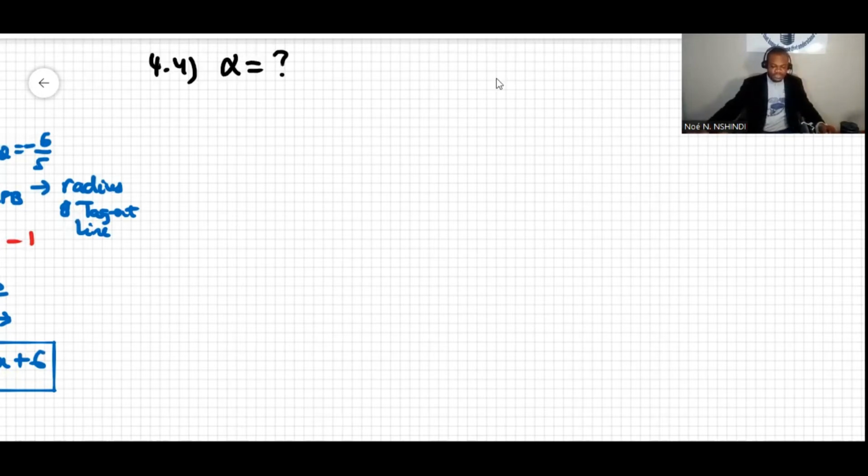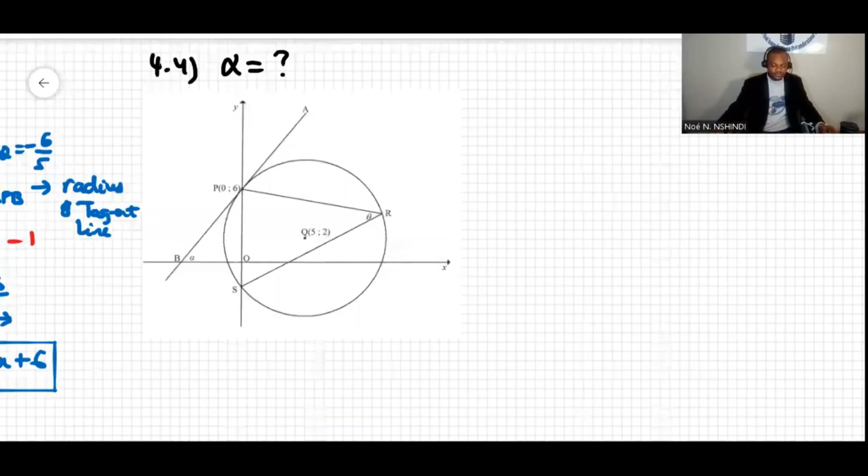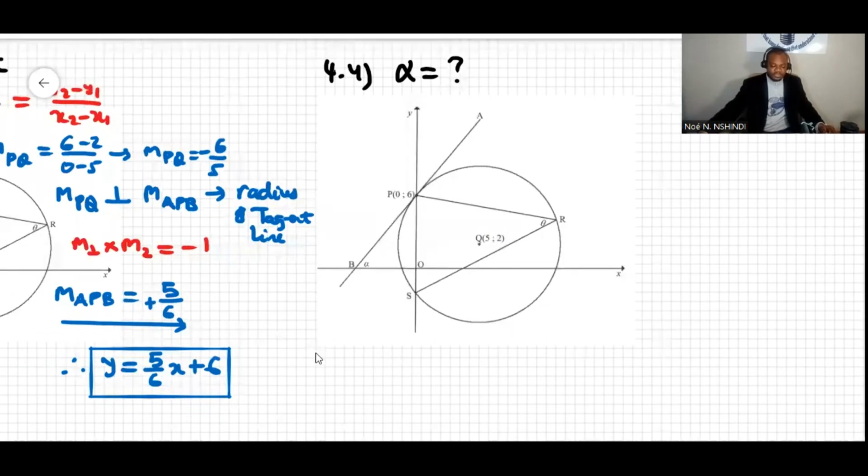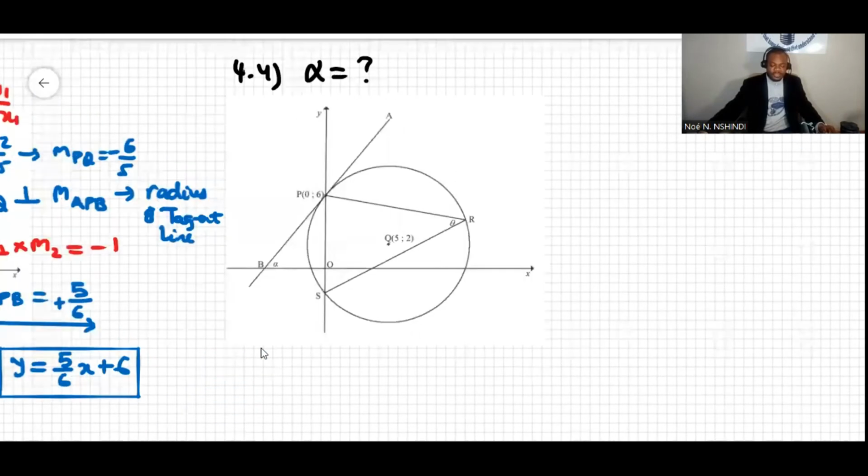Let's first draw the same diagram over here so we can visualize the equation very well. We need to find alpha, and in the previous question we found the equation of the line APB, y = 5/6 x plus 6.